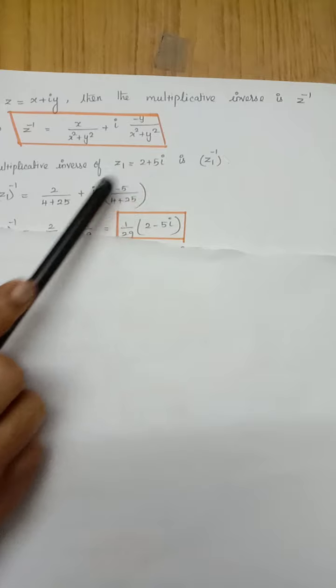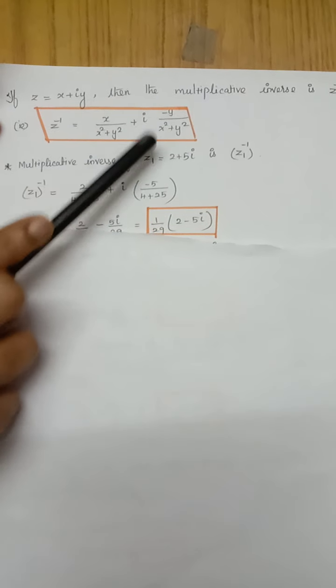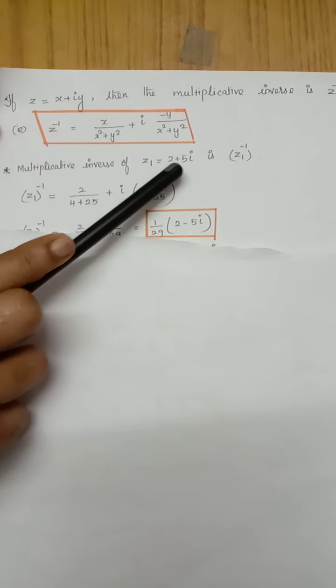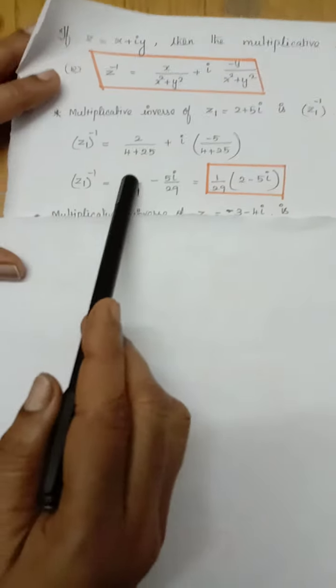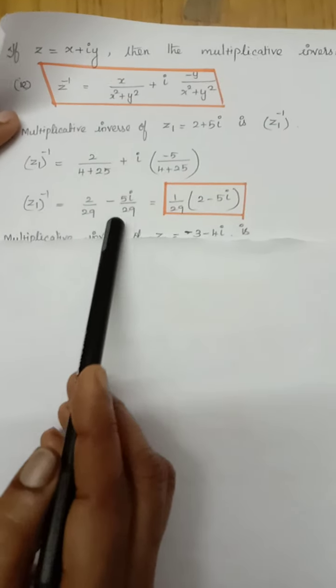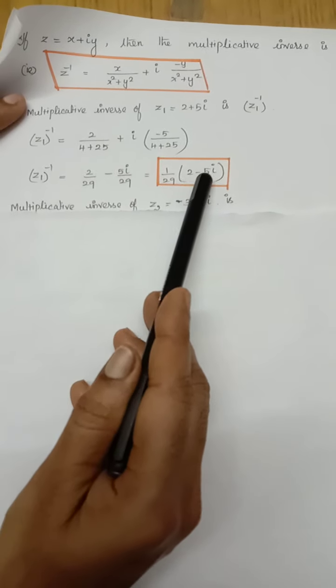So 2 squared is 4, 5 squared is 25. And when you substitute minus y, here y is 5, divided by 4 plus 25. So 2 by 29 minus 5i by 29. So 29 is common: 1 by 29 into (2 minus 5i).